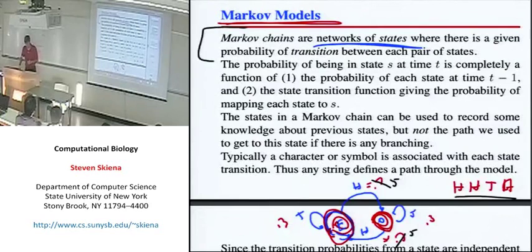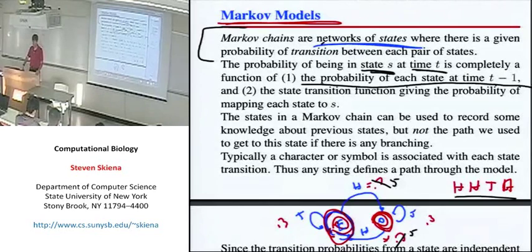So what is a Markov model? A Markov model is governed by a network of states, like the even-odd thing. The probability of being in a particular state at a particular time is completely dependent upon two things. It's dependent upon the probability I was in each state at the previous time step, and the transition probability from one state to another.